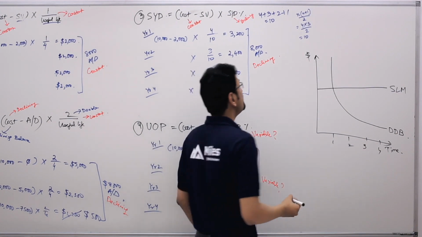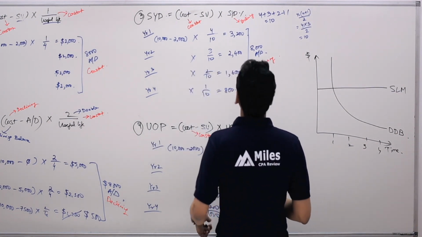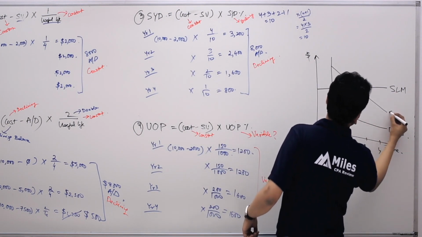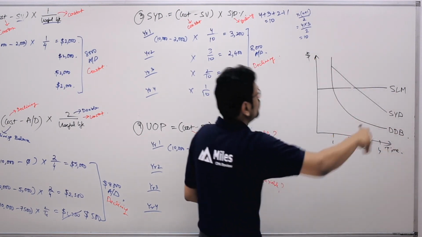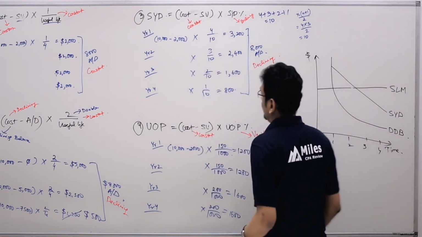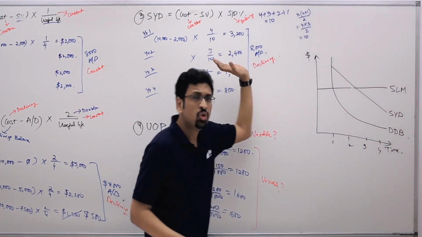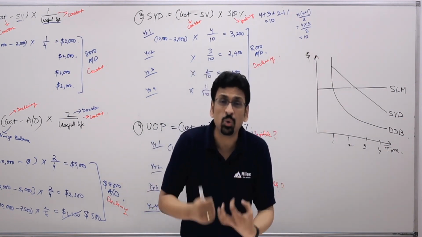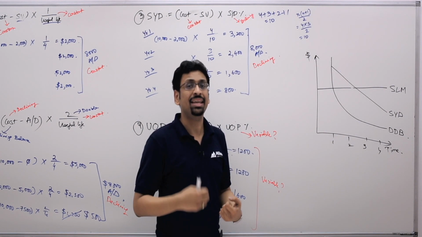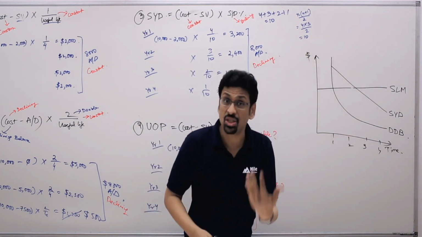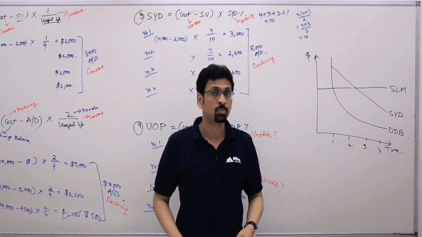If you're looking at the sum of the years digit method, this could be a straight line going down, so 3,200 to 2,400, 1,600 to 800. I'll just try to draw a representative diagram for you to understand what's happening in each depreciation method. You generally won't get it on your exams, but still it's good to know.